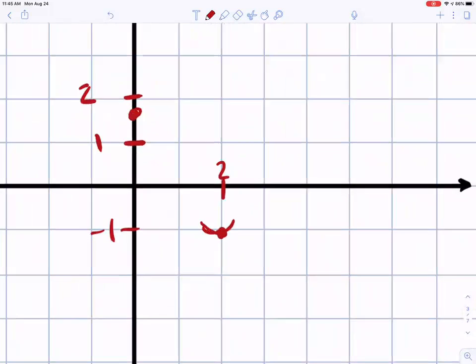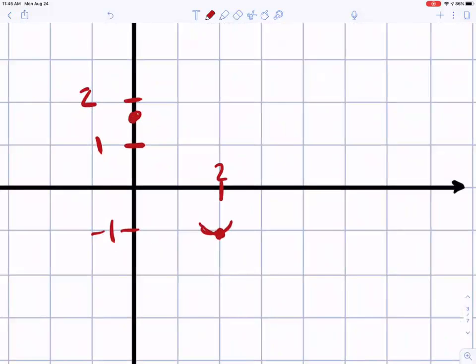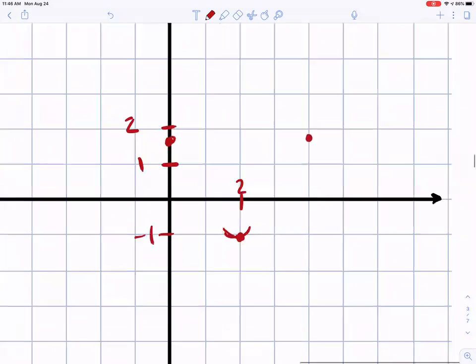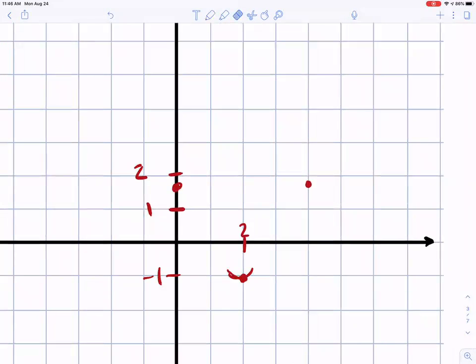So if I graphed the coordinate 0, 1 and 2/3, what else am I going to graph that's the mirror image? 4, 1 and 2/3. Okay, my axis of symmetry is my mirror, and I've got 2 identical pieces on either side. Okay, so now I can draw this, and not only can I draw it, but it's going to be accurate. It's going to have a good width, an accurate width.